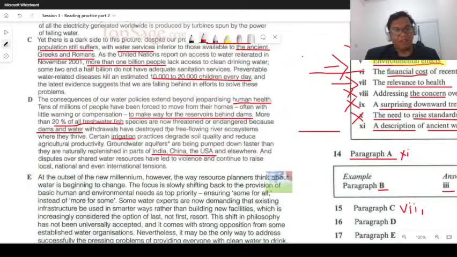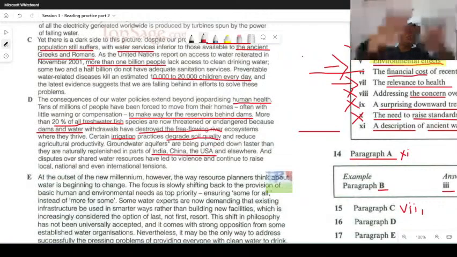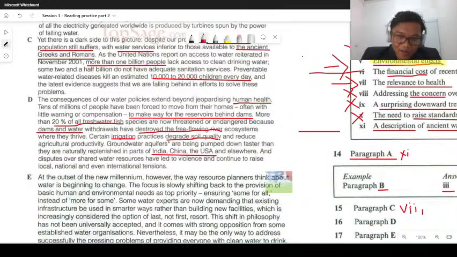And here, destroyed free flowing river, right? And those are environmental effects. Granted, they're negative impacts, but they're still environmental effects. Irrigation will degrade soil quality. That's environmental effects.